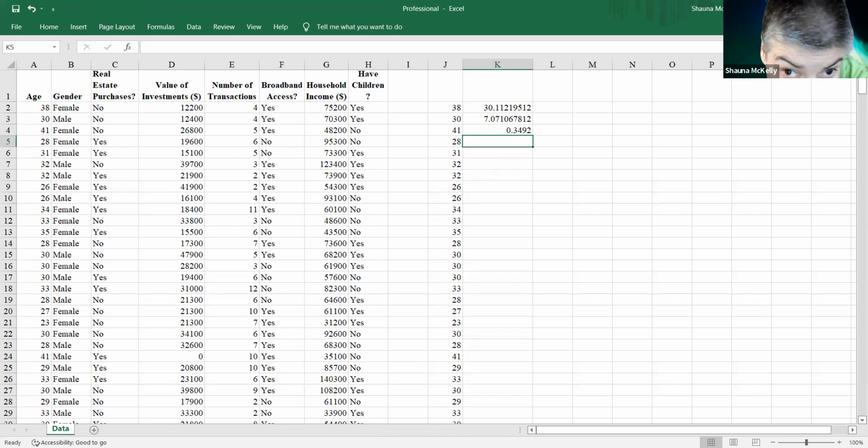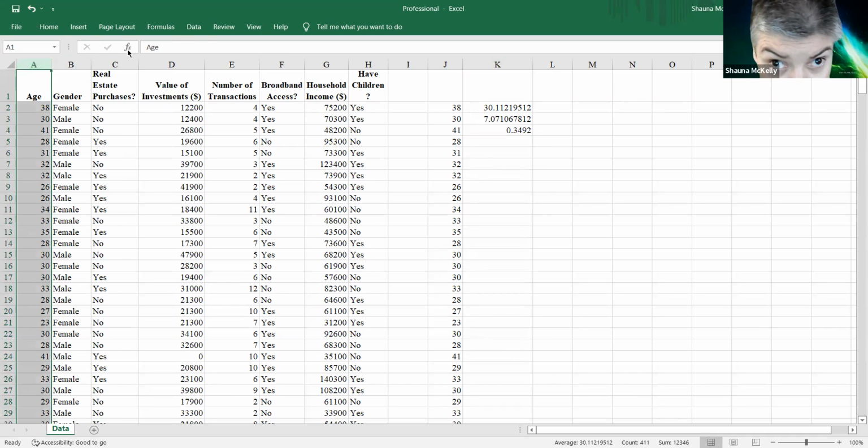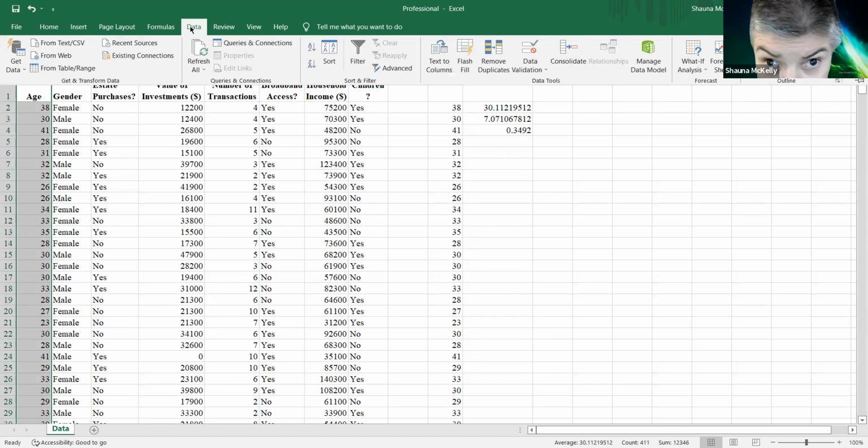Let me see. Go to data analysis. Okay, maybe I can speed this up if I go with, actually, let me hit the label and then you go data. And then where's data analysis?